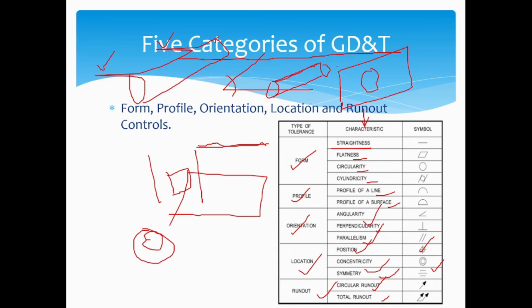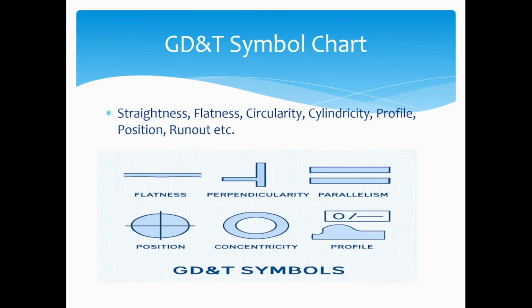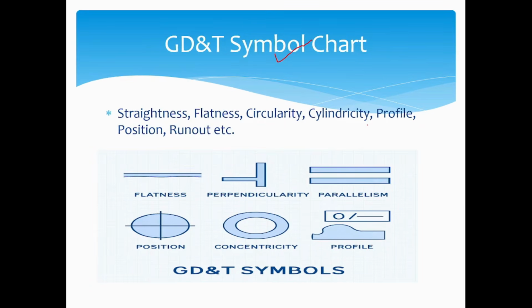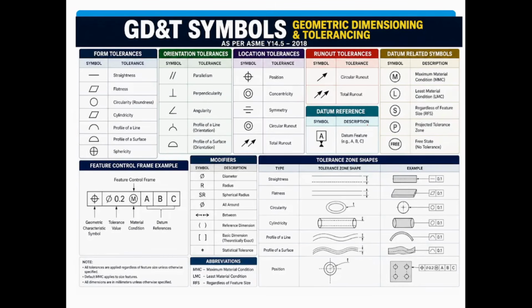Moving on, GD&T symbol chart. We just discussed all the symbols here only, so we move on to the next slide. This is the GD&T symbol chart. We just discussed these things that come into the five characteristics. I just repeated the slide because this is very important.